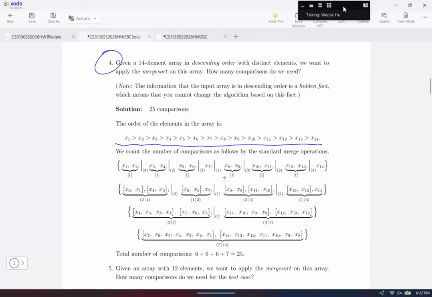You need to do divide and conquer, right? The first time, divide step number 1, you split in the middle. Second round, divide step. Then third round.